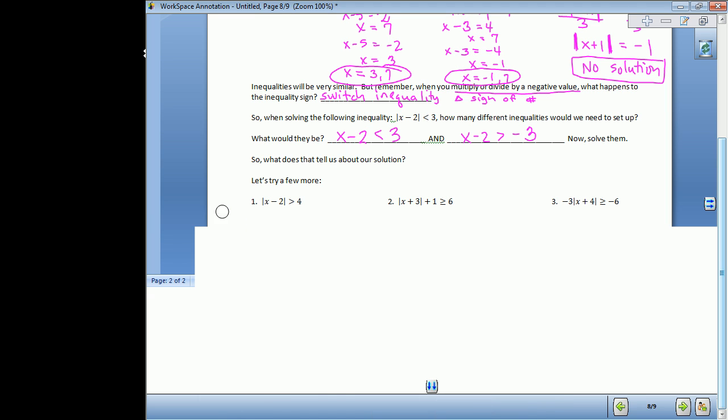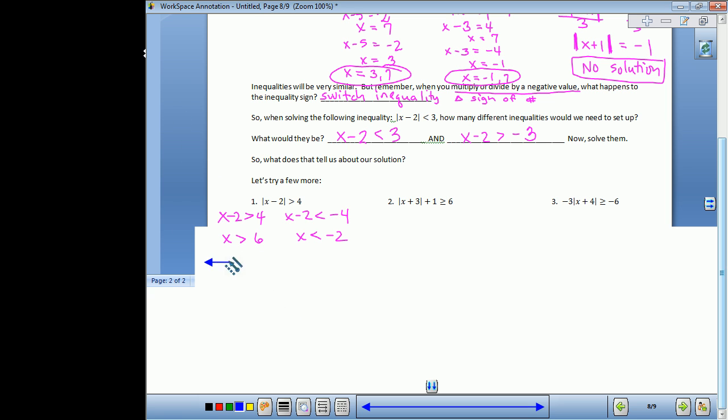The first one, we just drop the symbols, and it stays the same. The second one, we change the inequality, and we change the sign of the number. Now, this is a greater than, and what we're going to discover with greater than is that they kind of go away from each other.